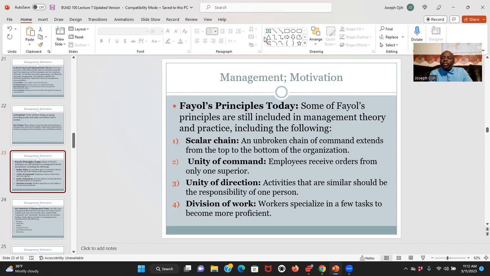So what does it say? Scalar chain, according to this principle, there's an unbroken chain of command that extends from the top to the bottom of the organization, which is true.